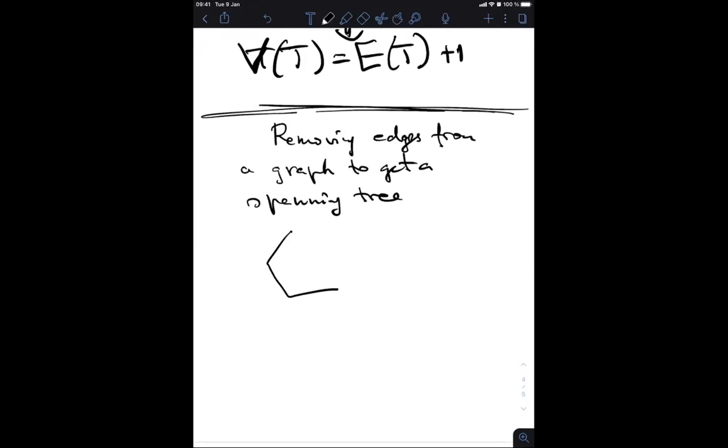Okay, say we have a pentagon, and we have maybe some more edges like this. So this is not a tree. It doesn't look like a tree, of course. Maybe I'll throw in one more edge here.